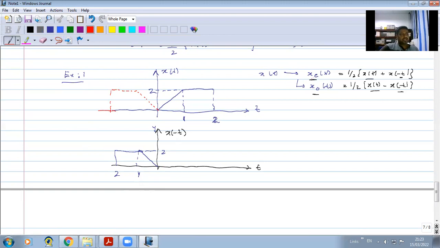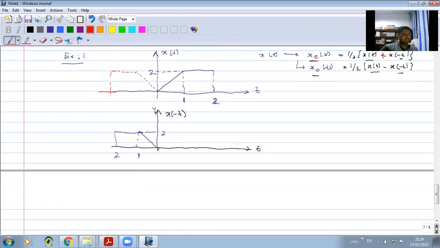Now, to find the even part, I have to add these two signals, x(t) and x(-t). So what is the adding signal? That means x(t) plus x(-t), that signal I'm going to draw.